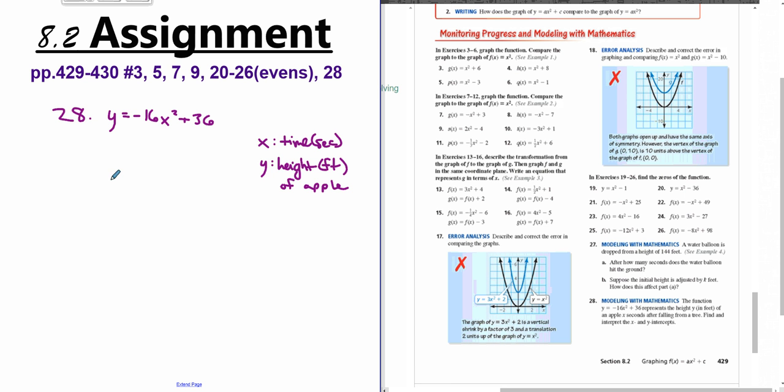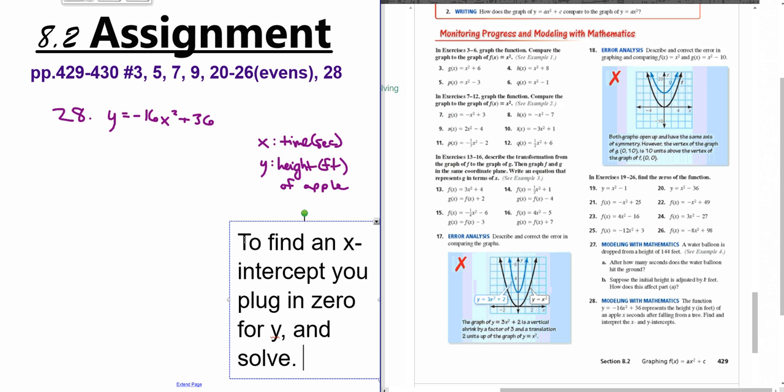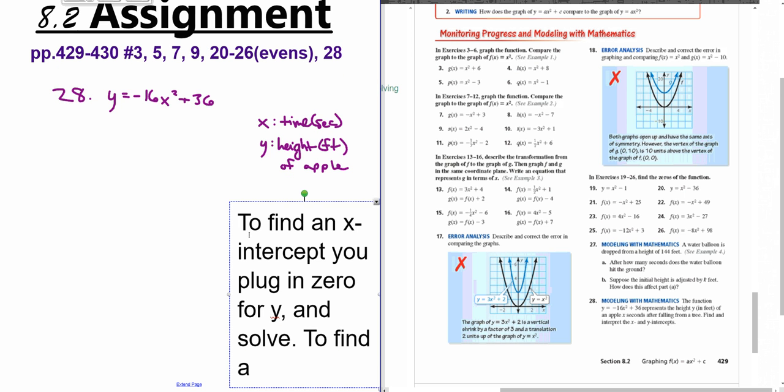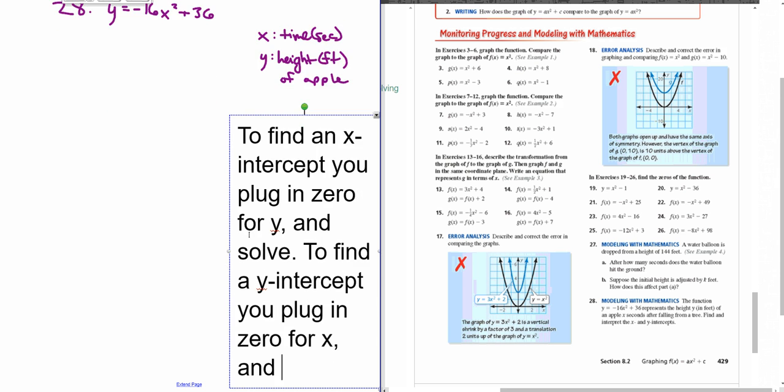Okay, so you've been doing this for a very long time, for years now. To find an x-intercept, you plug in 0 for y. I'm going to type that out here. To find an x-intercept, you plug in 0 for y and solve. And then to find a y-intercept, you plug in 0 for x and solve.